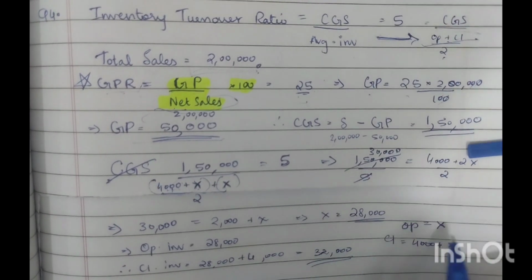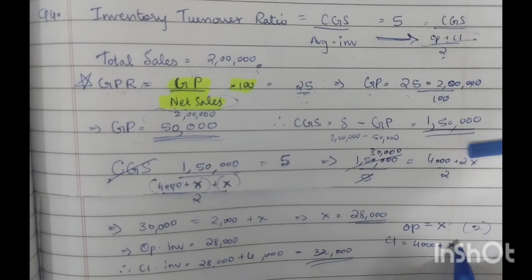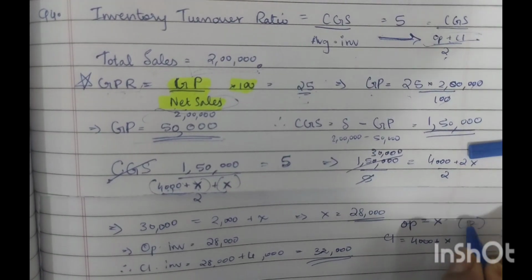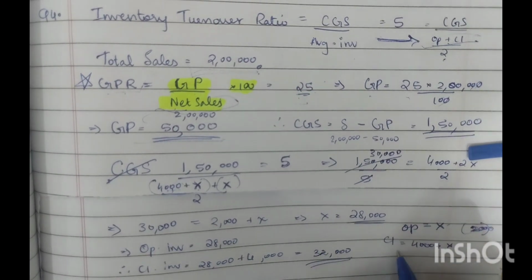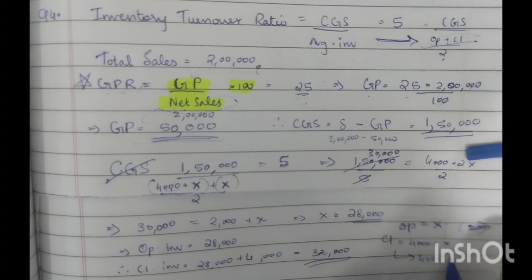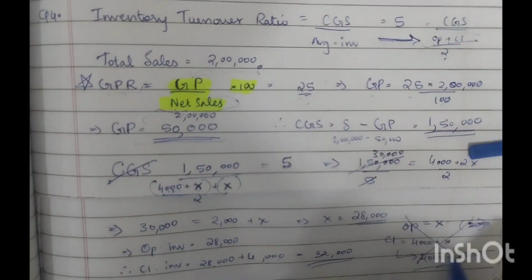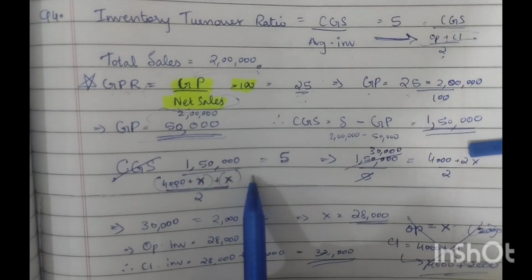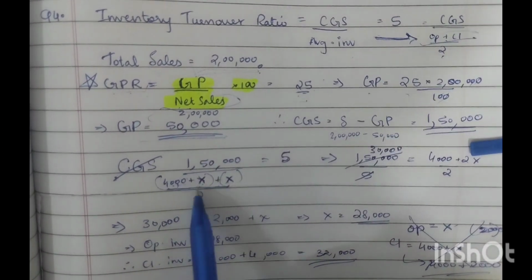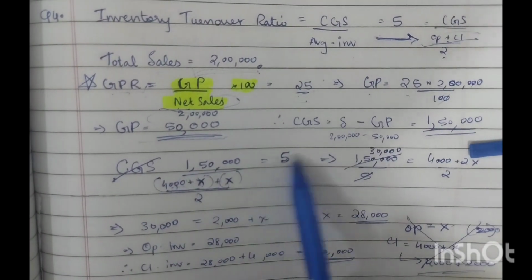Say if opening inventory were 2,000, and if closing inventory were 4,000 more than opening inventory, then this would automatically mean it's 4,000 more than 2,000, so 6,000 would be the closing inventory. Coming back to our question, taking opening inventory to be X because we don't have that value, 4,000 plus X by 2 is the average inventory. Now we just cross multiply.